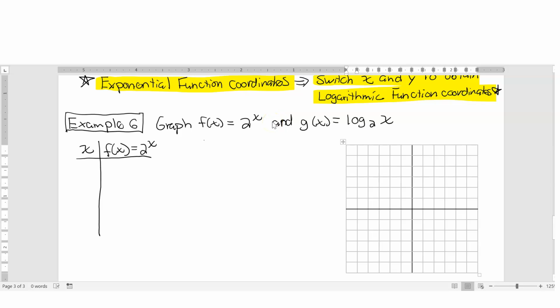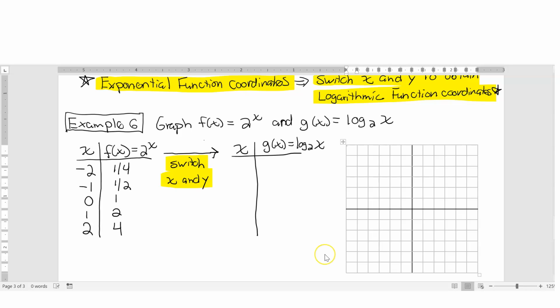So where we can start is coming up with our points for f of x. We can pick those 5 x values that we use. This will be 1/4, 1/2, 1, 2, and 4. Now that we have the coordinate points for f of x equals 2 to the x, we really have the coordinate points for g of x equals log to the base 2 of x, because they are inverses.